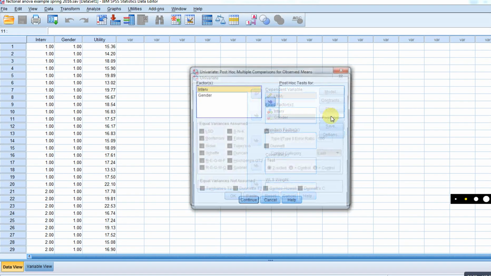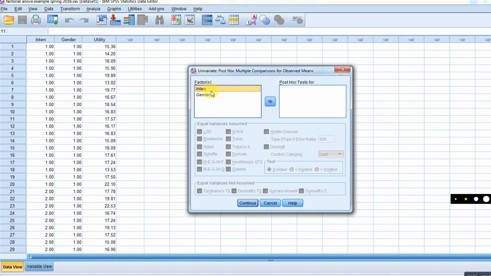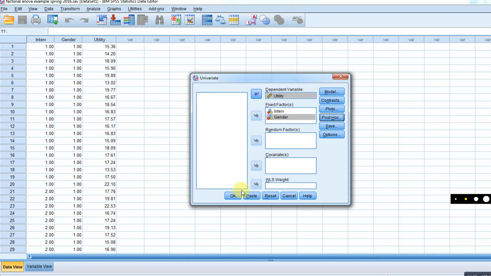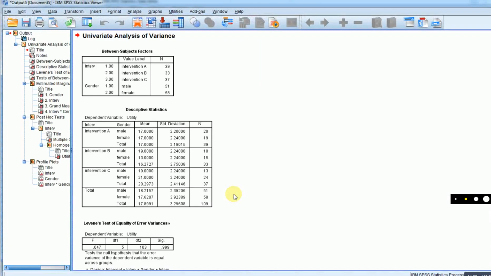If I click under Post Hoc, I can move intervention over to post hoc test. This only makes sense if your independent variable happens to have more than 2 levels. So gender would not make any sense to move over to try to do post hoc tests since it only has 2 levels. So in this case, I'll click on Tukey and then Continue, and then OK.